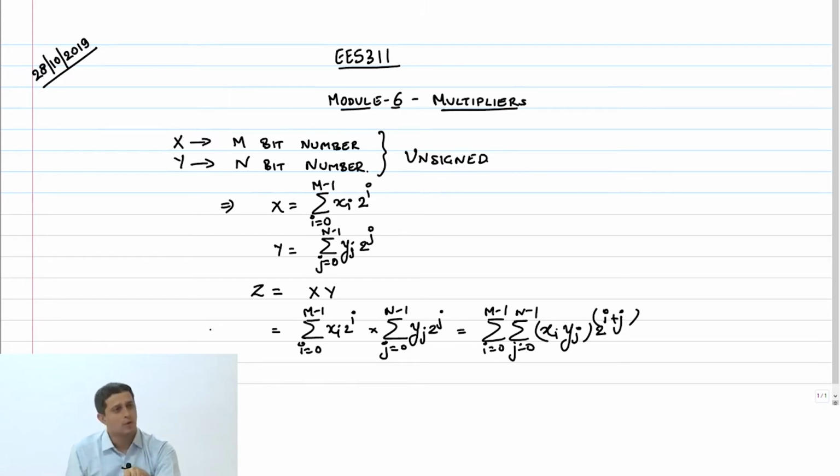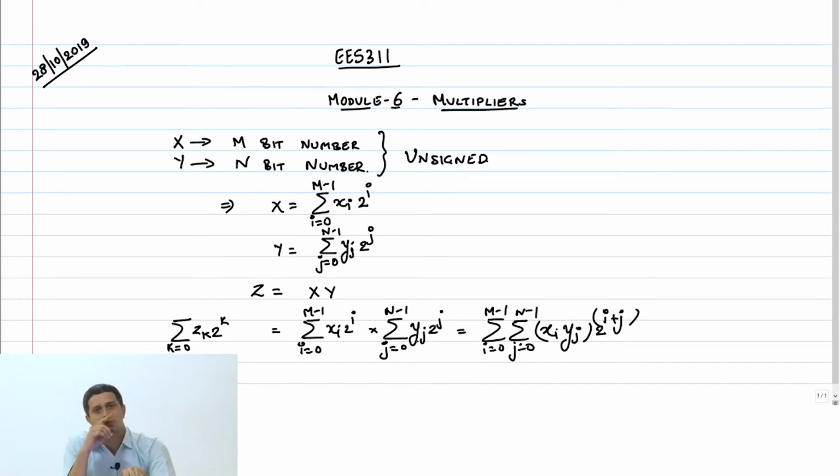I am now going to write this as the sum of z_k 2^k. k is going to go from 0. If you take i equal to 0, j equal to 0, clearly i plus j will also be 0 there. So it starts from 0.